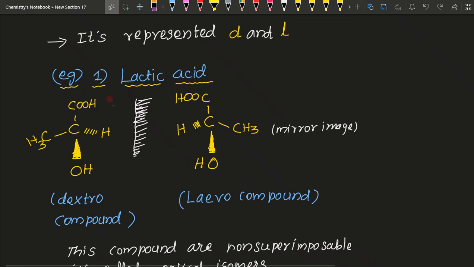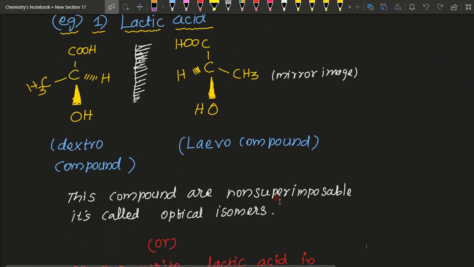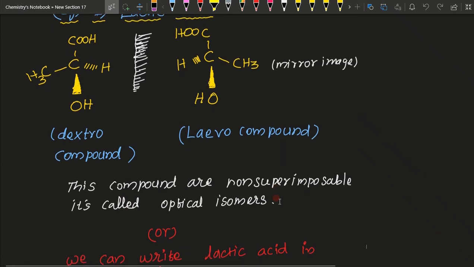Both carboxylic acids are in the same position, but the methyl group goes to the other position. This is the mirror image of the lactic acid. This is the dextro compound, this is the levo compound. These compounds are not superimposable. They are called optical isomers.